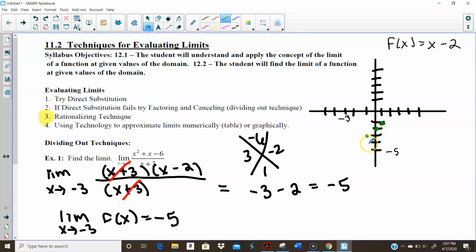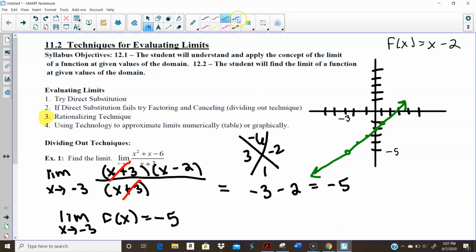Let's from that point go down 1, left 1. And down 1, left 1. Now, when x is negative 3, it's undefined, and that's why there's going to be a hole in that graph right there.